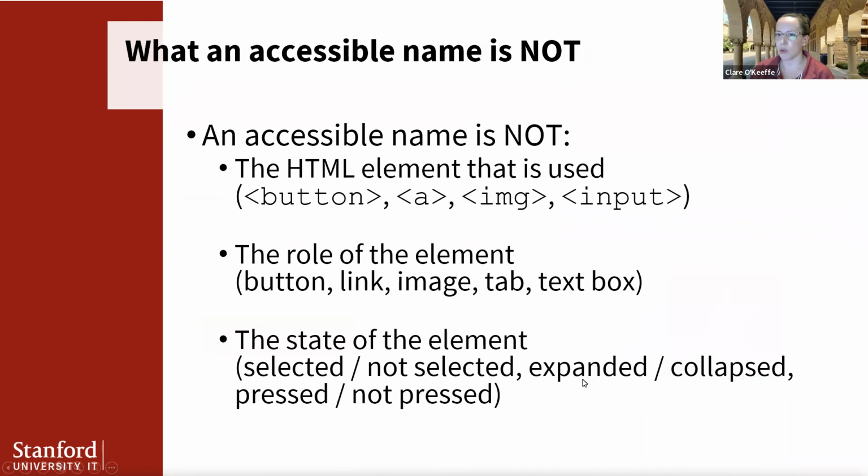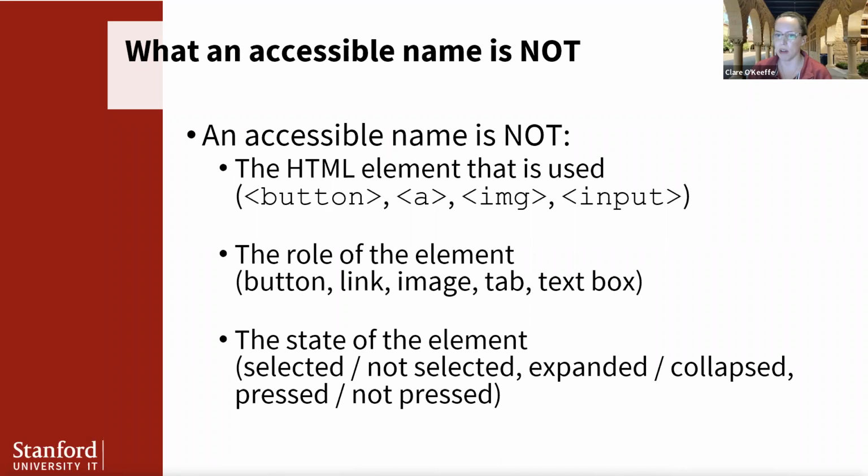But let's first go over what an accessible name is not. When we talk about accessible name, we're not talking about the HTML element that is used. So we're not talking about, this is a button element, this is an anchor element, or an image element, or an input. That's not what the name is. It's also not the role of the element.